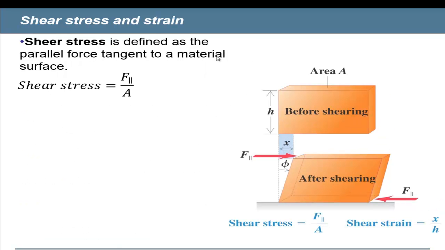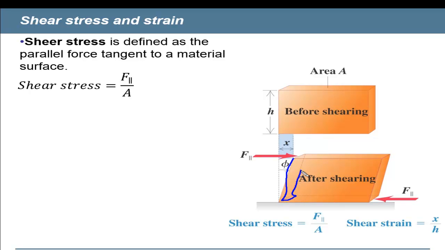So shear stress is defined as the parallel force tangent to a material surface. Shear stress is right here: that's our parallel force divided by the area over which it acts. Of course, if we're talking about the parallel force, then the area over which it acts isn't this area anymore.